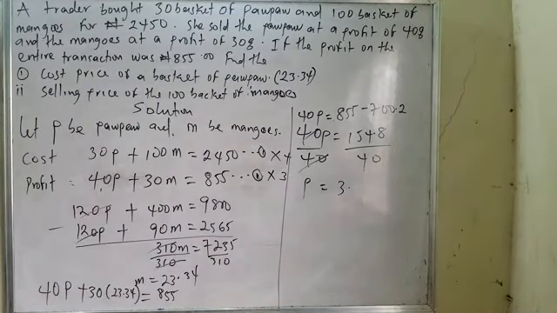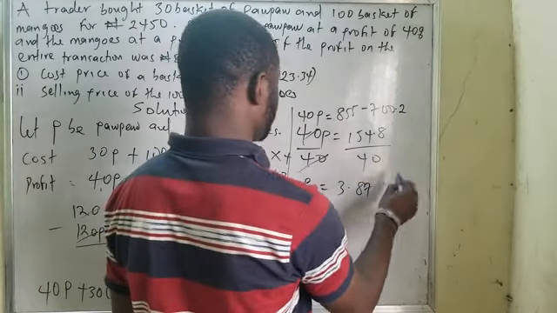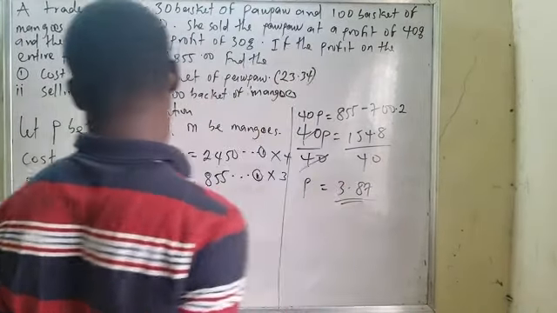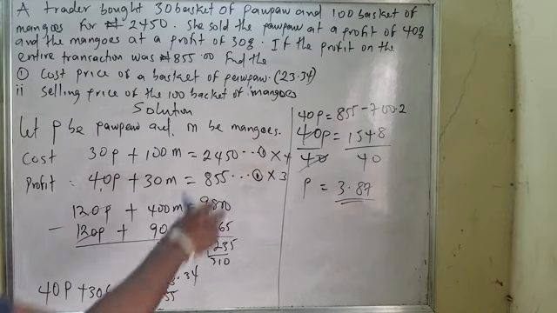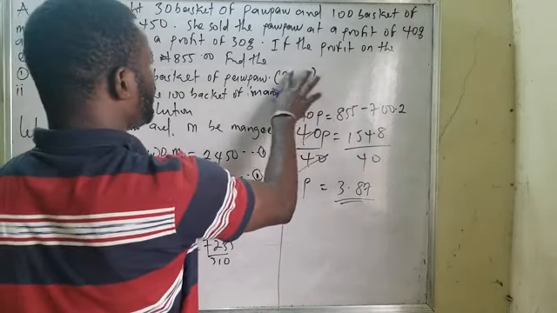I mean 3.87. That is my pawpaw. Now my pawpaw is 3.87. Now, sorry, this is not 3 points. I made a mistake. I'm talking about pawpaw.